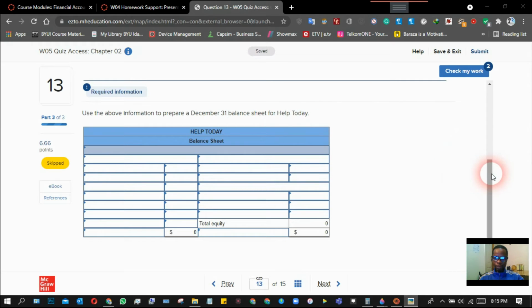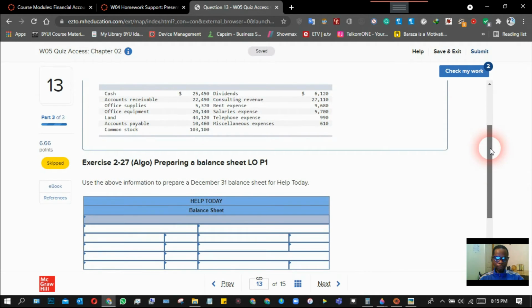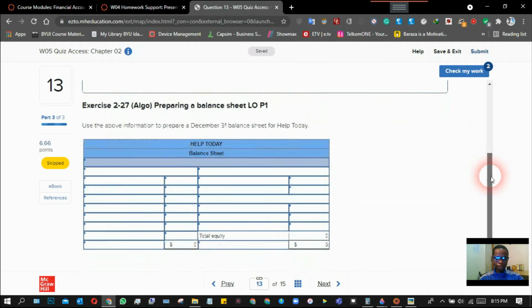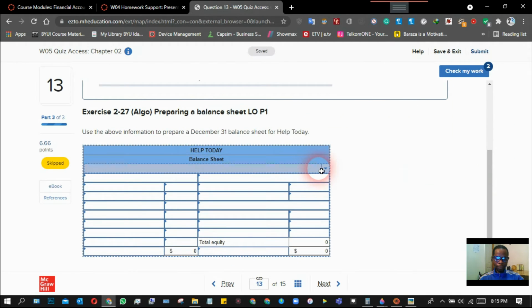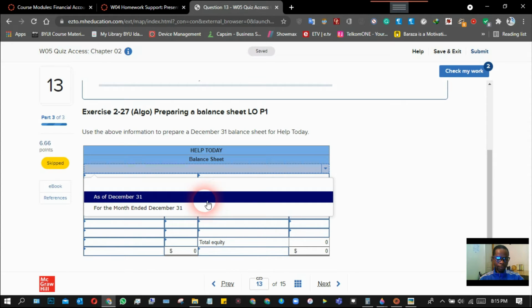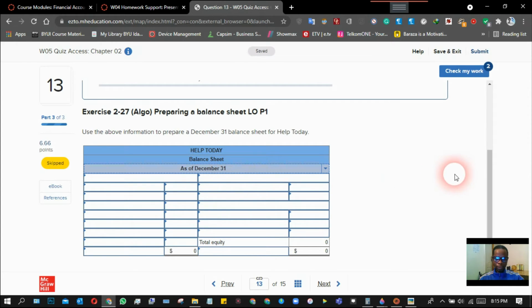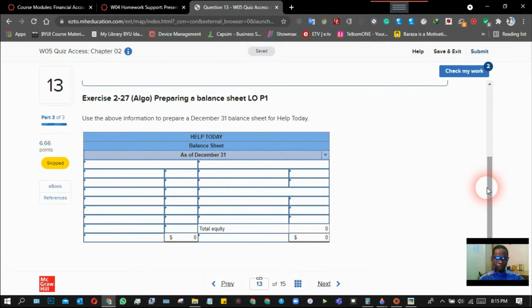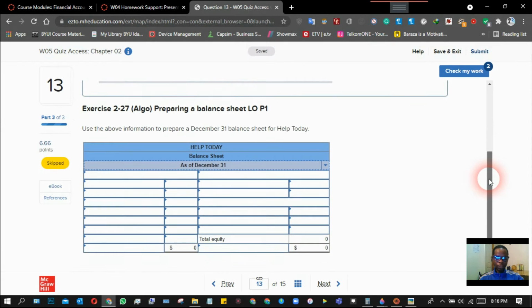And remember that the balance sheet is not for a period, it is at a point in time. Therefore, here we put as of December 31st. Now remember, the other ones were for the month between December 1 to December 31st, but this is as of December 31st, because with the balance sheet, the information keeps changing.